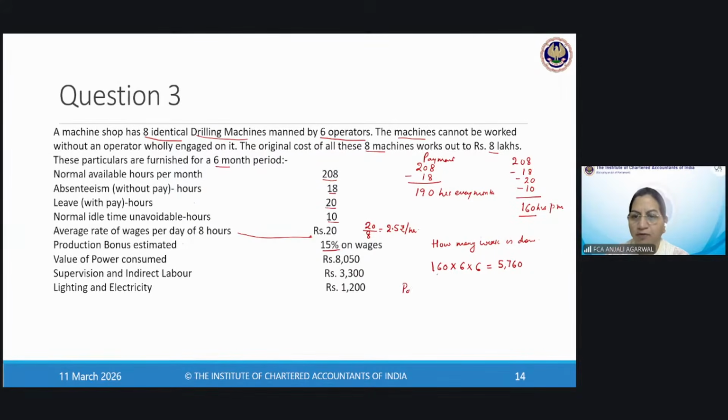And payment would be made for 190 hours per worker for 1 month, for 6 months, and for 6 workers, at the rate of 2.5 rupees per hour.